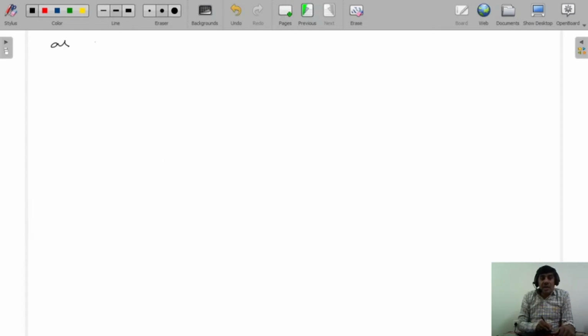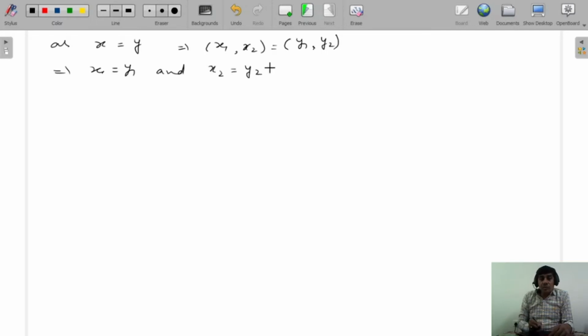As x is equal to y, this implies (x1, x2) is equal to (y1, y2). This implies x1 is equal to y1 and x2 is equal to y2.